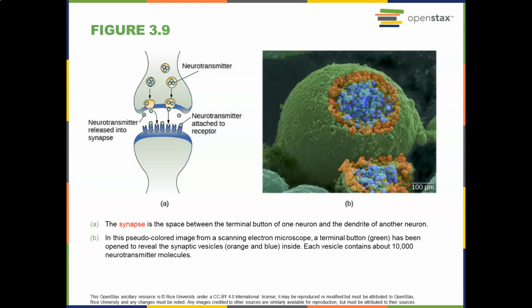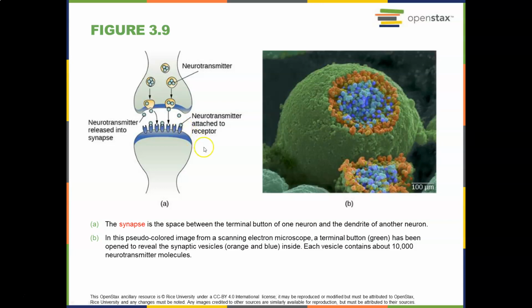Okay, now how do neurons communicate with each other? Here is the end of a neuron communicating with another neuron right here. One neuron produces what are called neurotransmitters and releases them, and you can see they come down and lock right in to what's called a receptor.